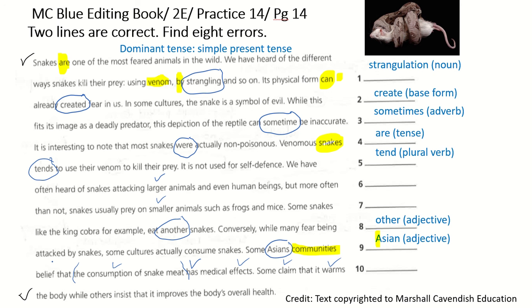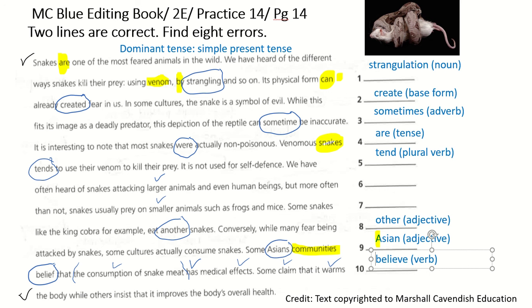"Communities belief": this belief refers to a noun, but it should be a verb instead. How do you spell the verb of believe? B-E-L-I-E-V-E, which is the verb form of believe. And the use of believe in this case is used to depict the action of thinking that something is true.